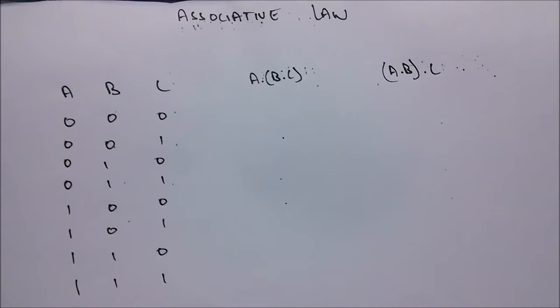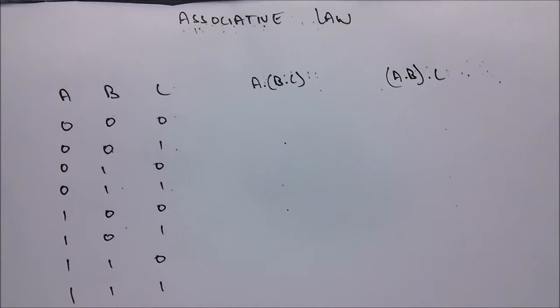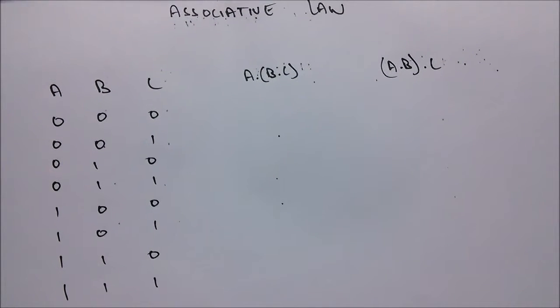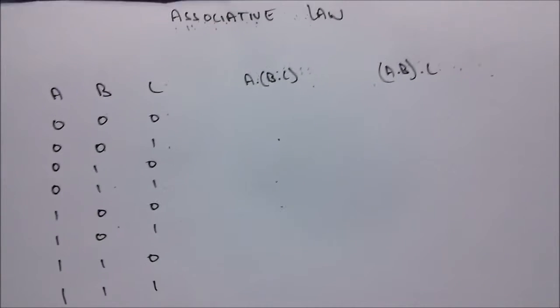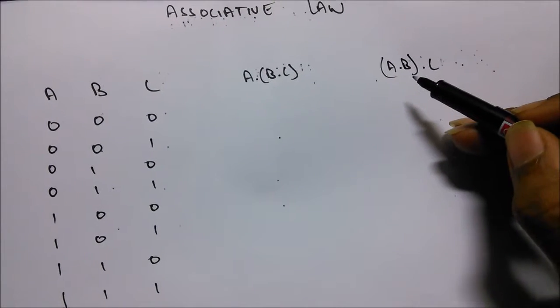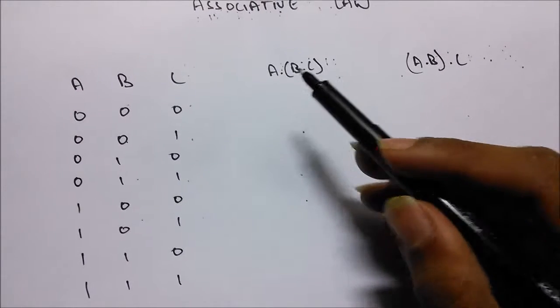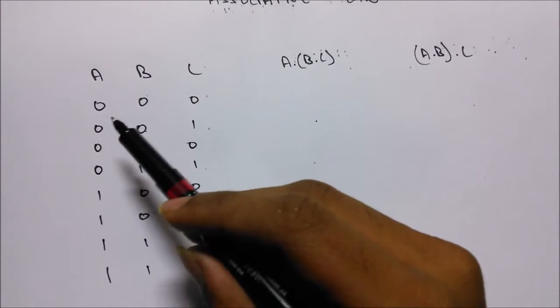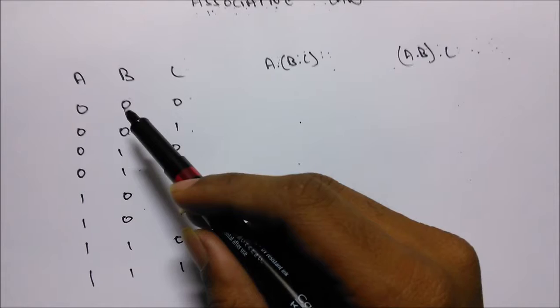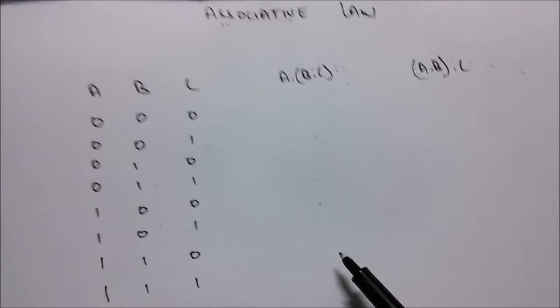Next part is to prove the associative law. As we can see, A dot B dot C, with B dot C in brackets, must be equal to A dot B into C. First solving A into B dot C, we initially solve B dot C, that is 0 dot 0, and multiply it with 0 and fill in this column.